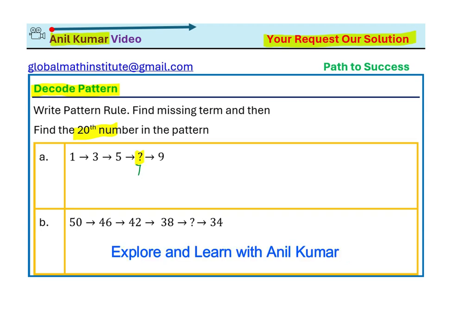The next one is 50, 46, 42, 38. Here also, the pattern is very simple. As we move along, we are decreasing by 4, right? So in the first case, we could easily figure out that you're adding 2 each time, right?